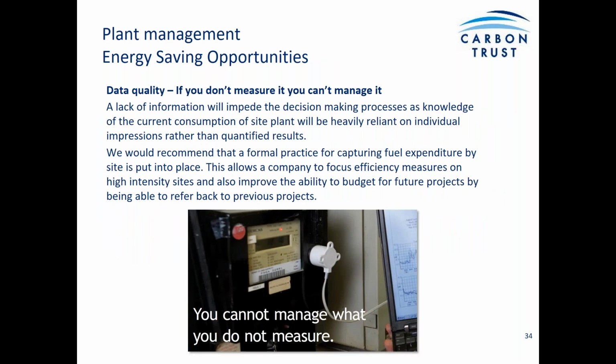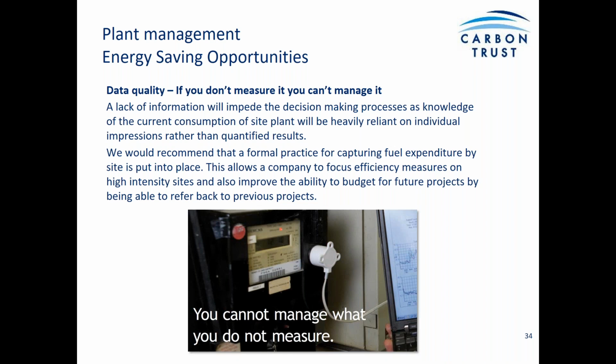So in terms of the opportunity, obviously, if you don't know how much fuel you're using and where you're using it, then it becomes impossible to manage it, as we've discussed. So it would be best practice to go about a formal process of logging the fuel expenditure at each of the sites.